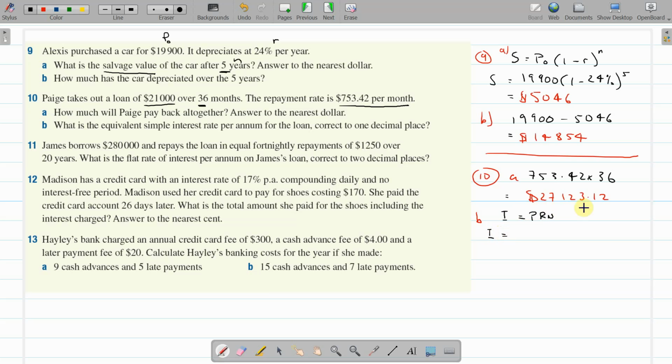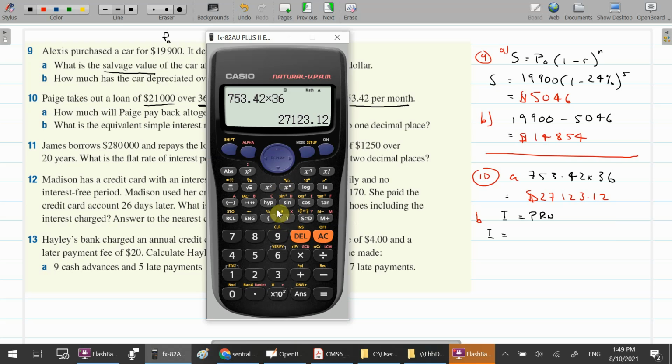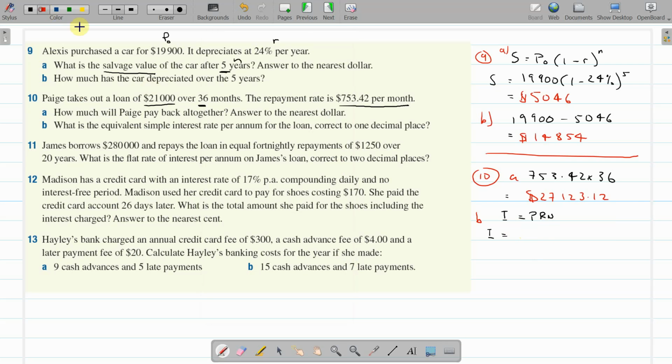The interest part is the difference between what is paid and what the original price was. So I'll take 21,000 away from that. The difference is the interest, $6,123.12. That's our interest.